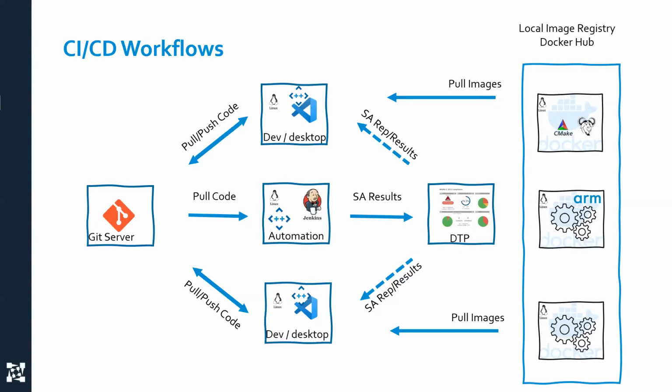The functionality to import results from DTP to the VS Code is coming in our newest release, but right now users can download the results generated at the CI level to their VS Code instances using the import results file functionality, which I will be showing in a minute during the demonstration.